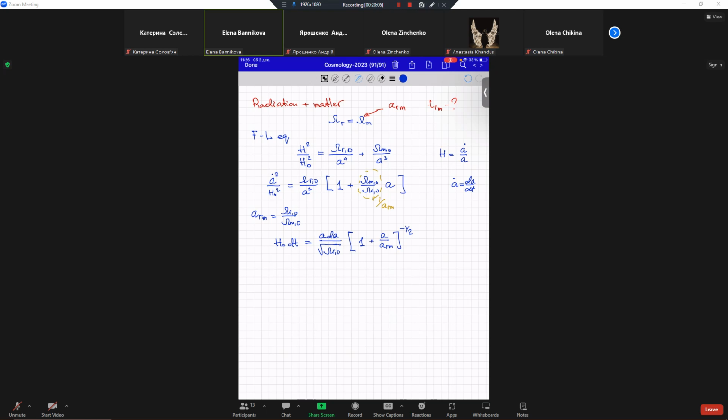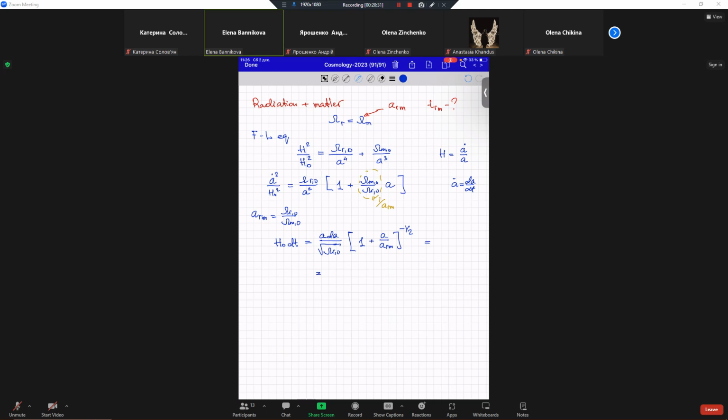I don't want to. Okay, we can do it quickly. This is a table integral of a multiplied by this square root, and we can write the right side.